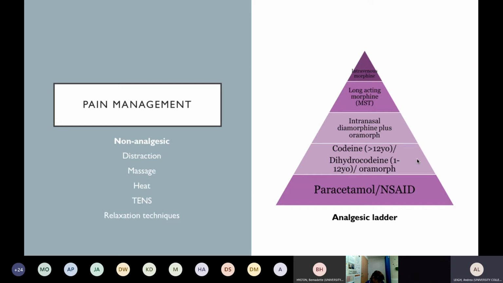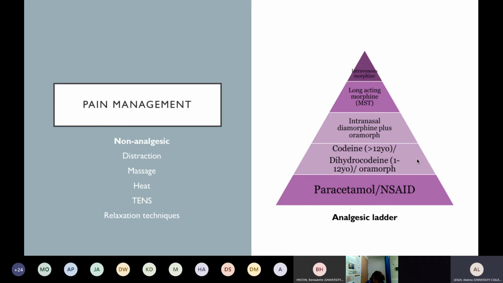We have quite good dose intensity of oral morphine, and the protocol, which we have adapted from the Barts Health East London protocol, is that we will give a dose on arrival, at 1 hour, at 3 hours, at 6 hours if needed.